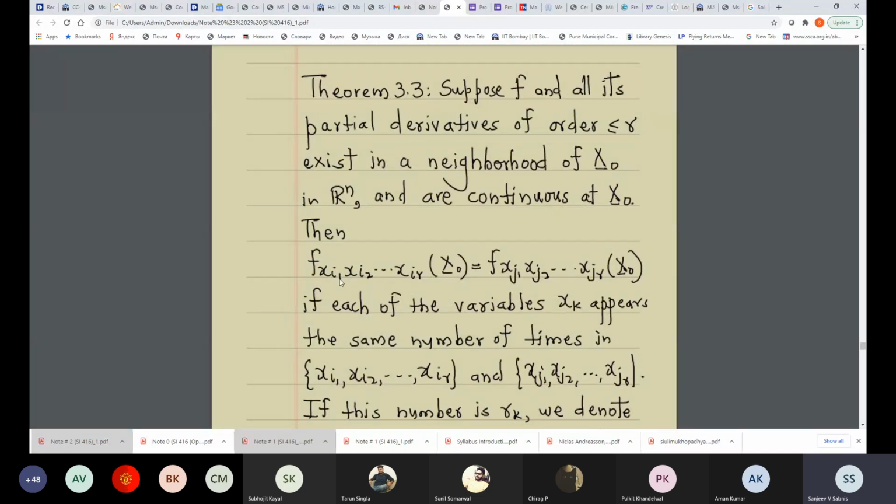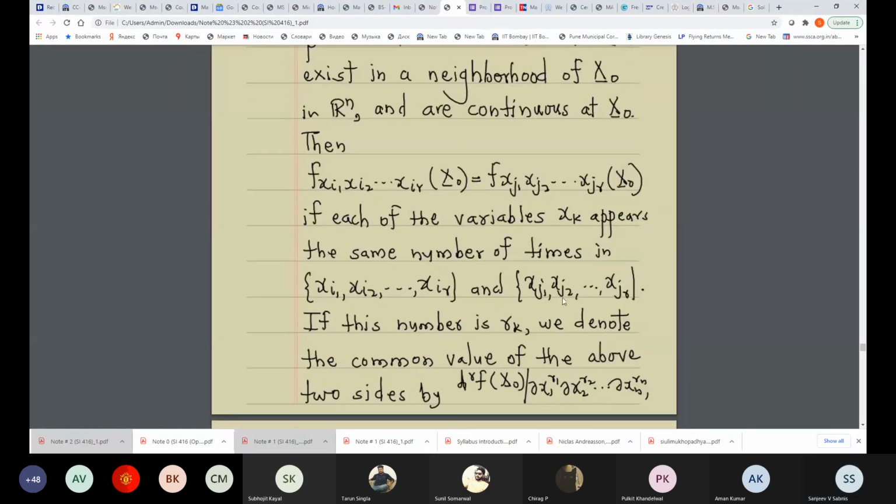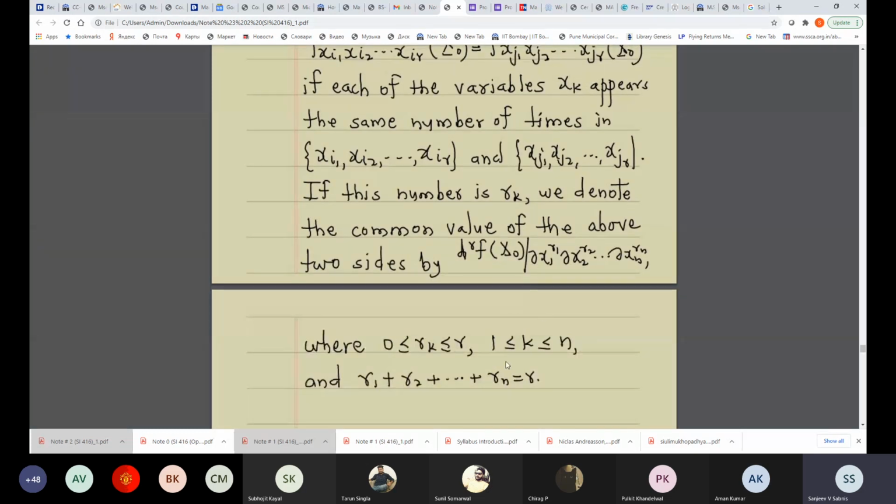Then the rth order partial derivative of f evaluated at x0 is the same thing as the rth order partial derivative of f evaluated at x0 if each of the variables xk appears the same number of times in these two sets, and if this number is rk, we denote this common value of the above two sides by this. Okay, so again, let's not get bogged down by the notation.